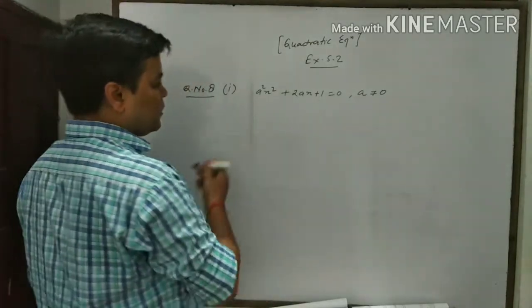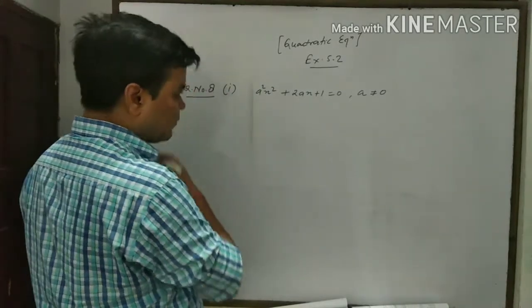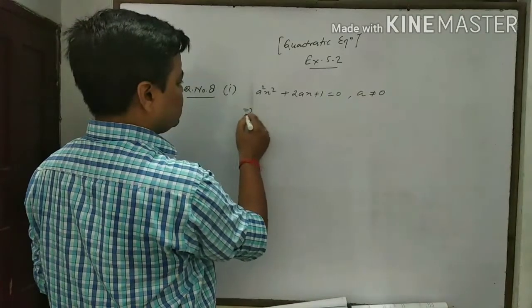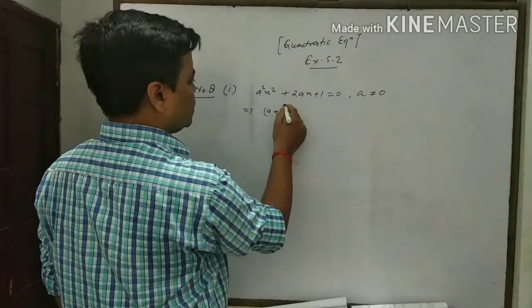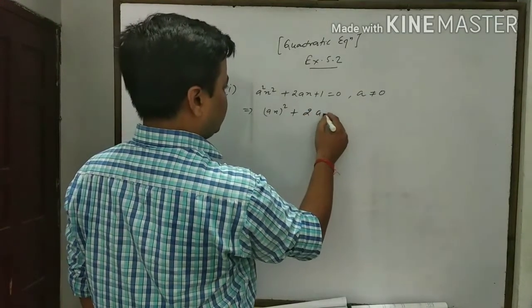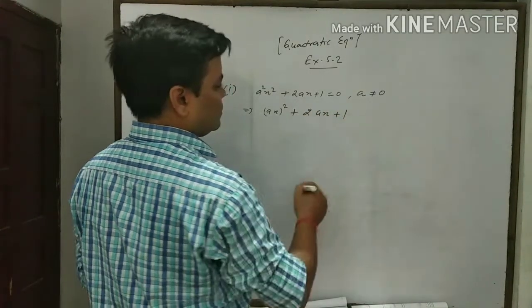So here this can be written as (ax) whole square plus 2ax plus 1 equal to 0.